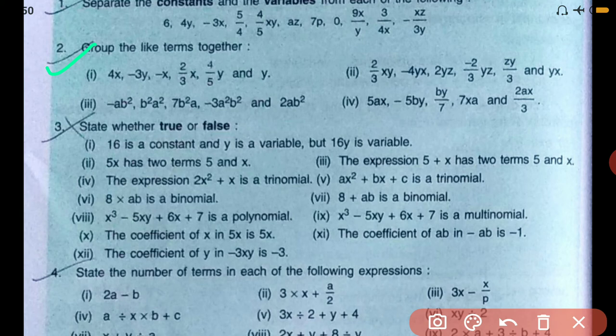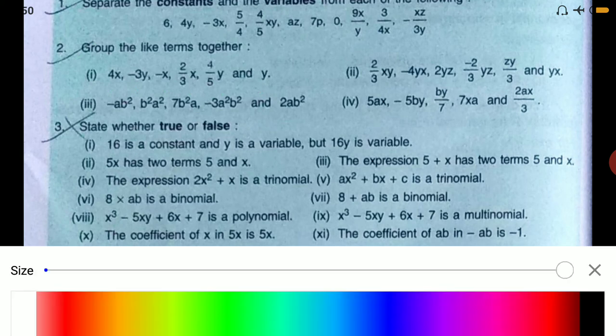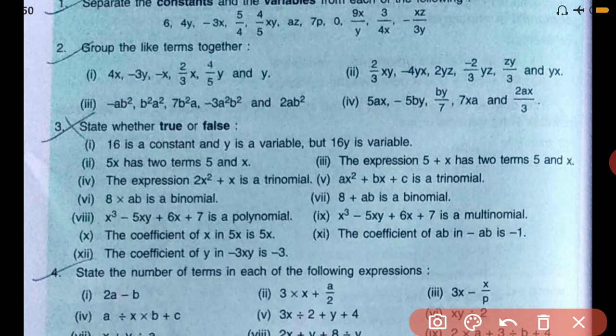In the first question, the expression given to us is 4x minus 3y minus x, 2 upon 3x, 4 upon 5y and y. So we have a total of 6 terms, and out of these 6 terms we have to group the like terms together. Here there might be 2 groups possible, a group of x's and a group of y's.